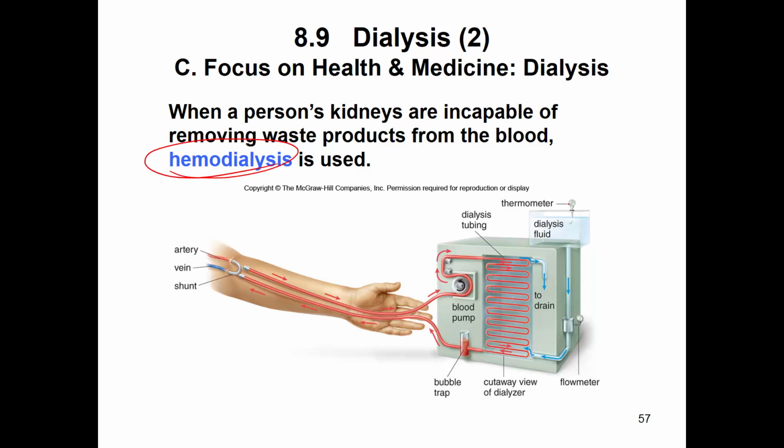Basically, you've got a machine doing what your kidneys can no longer do. You have an artery and a vein, and you take blood from the artery. It's going to be pumped through this system.